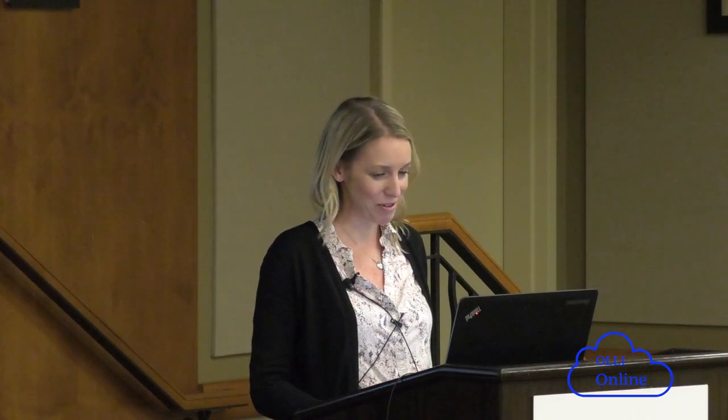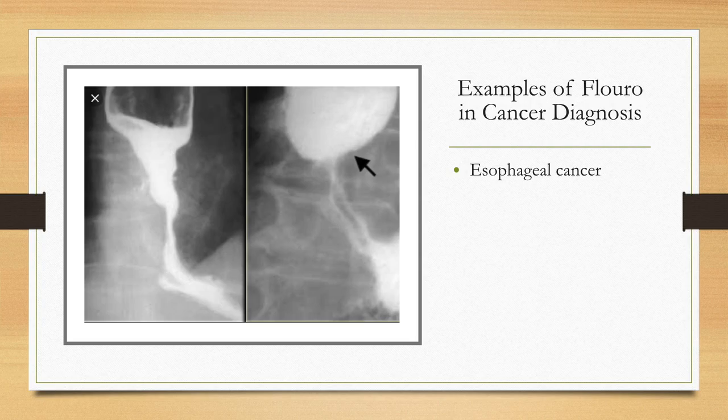This is just an example of a fluoro image. So this was kind of coned down so you could see a little bit better. I don't have a mouse to show you, but you can see this is the esophagus, so the white is the contrast that the patient drank, and you can see how it looks like it's narrowing. That arrow is kind of pointing. It looks like it has a collar or a beak there.